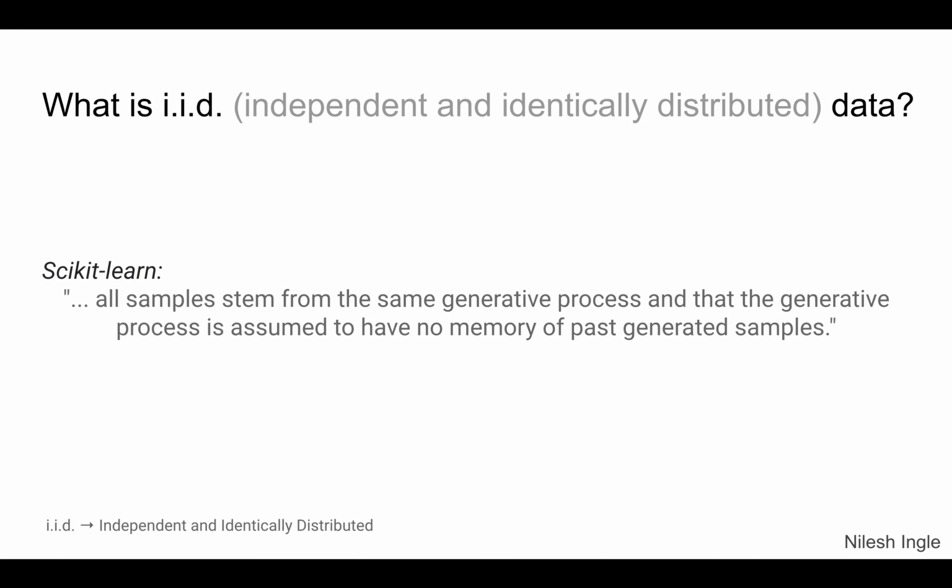Now, before getting into each of the methods, how the splits are done on the train data set that is used as the input for cross-validation, let's look at this term i.i.d. What does it mean? Independent, so spelled out, it would be independent and identically distributed data.